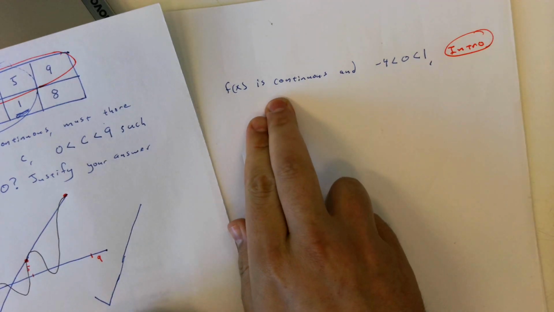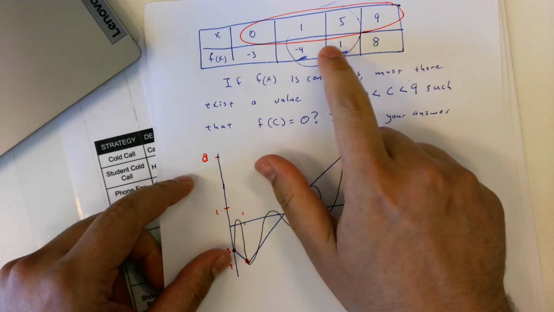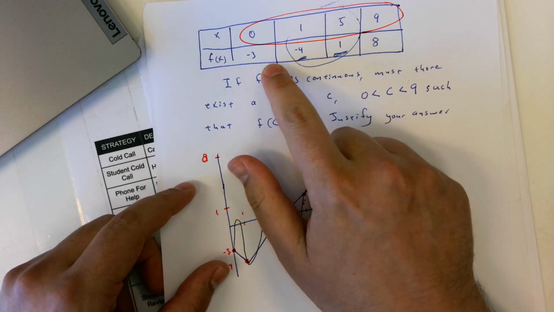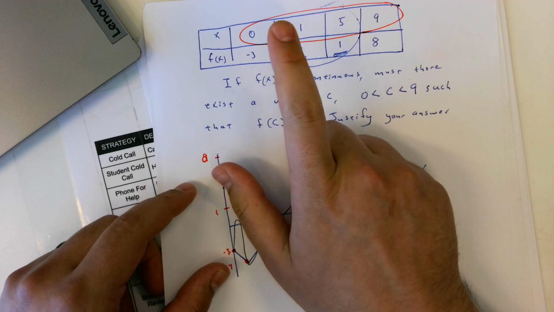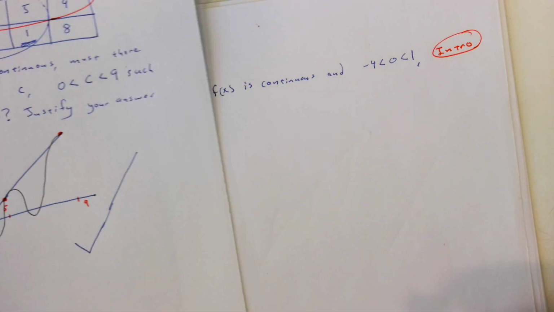I'm giving, yes, we're continuous, and yes, the number that I'm looking for, the desired output, is in between 2 known outputs. Now I could have chosen -3 and 1. I could have chosen -3 and 8. But I chose these 2 because I don't know.